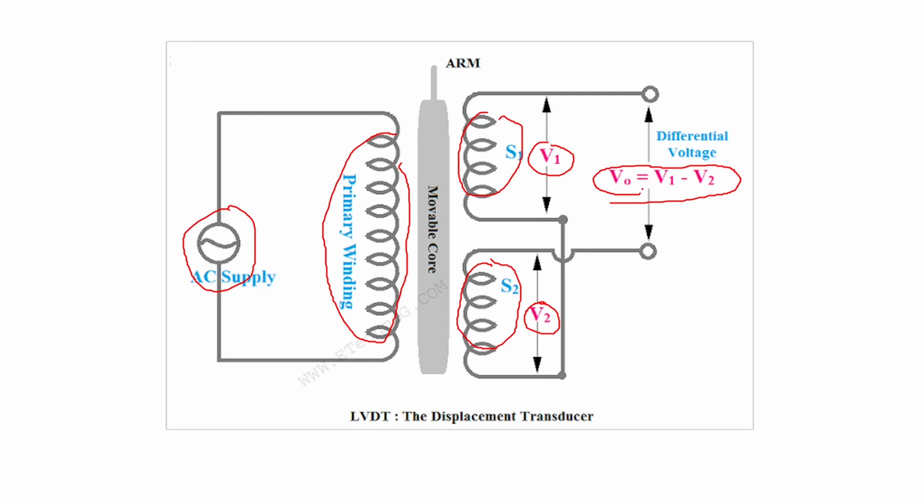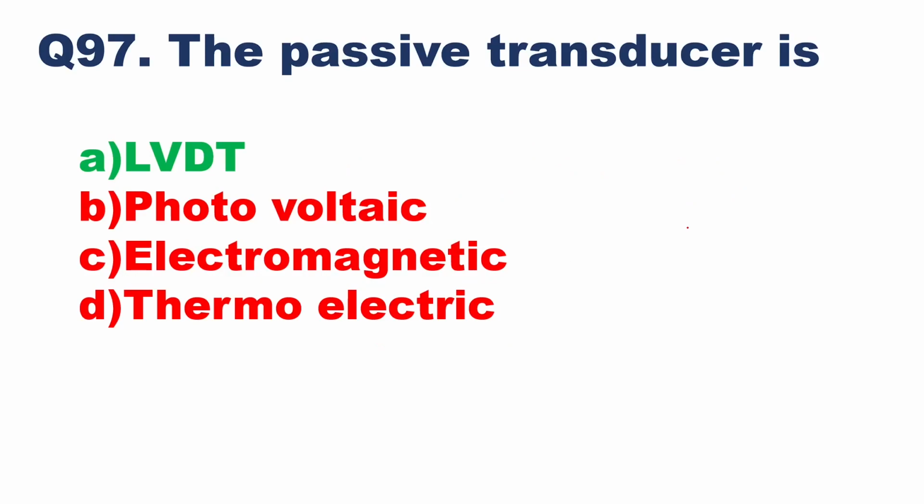Now this output is going to vary according to the movement of this movable core, which goes up and down. So as you vary this, the output voltage is going to vary. That means movement displacement is converted into electrical signal, and this is a passive transducer. So here you can see the passive transducer is LVDT, that is linear variable differential transformer.